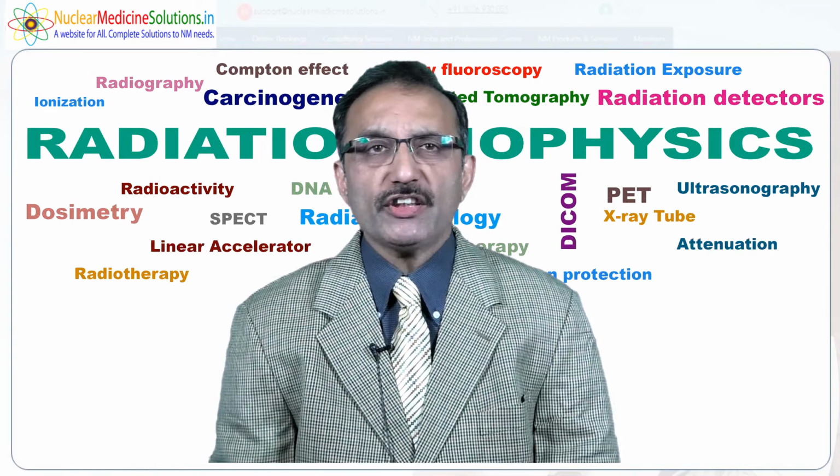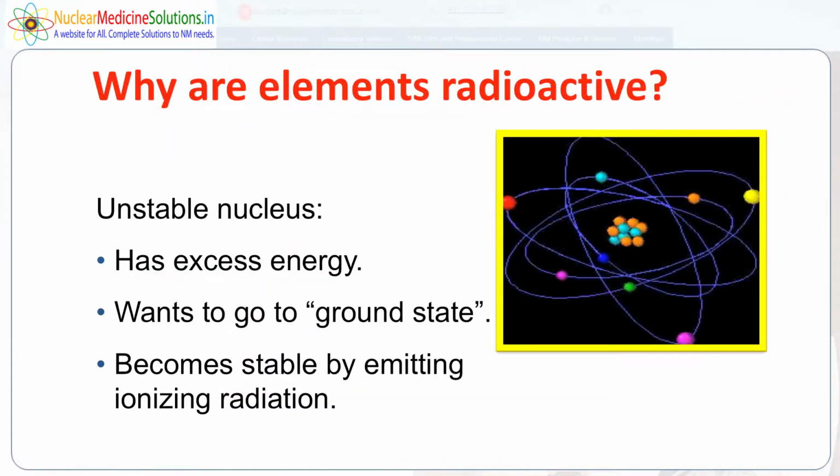The important question which comes to our mind: why are elements radioactive? Why do we say this element is radioactive and this is not? We all know there are unstable nuclei. Unstable nucleus means they have excess energy, and when they have excess energy, as a law of nature, everything wants to go to the ground state.